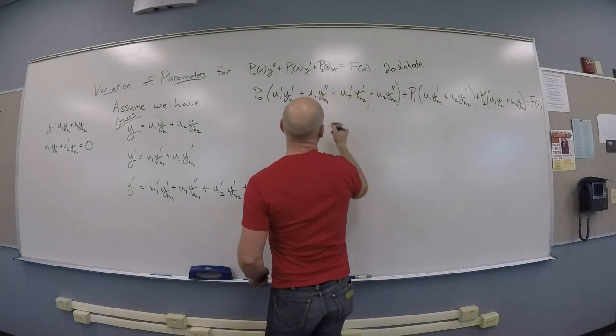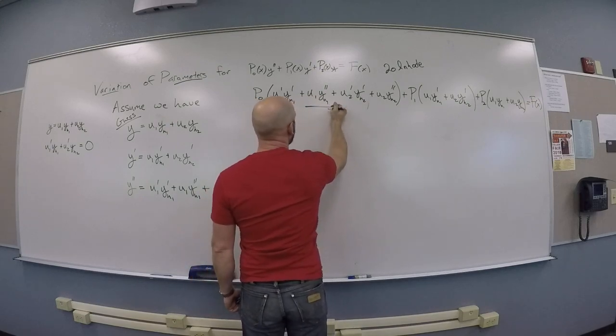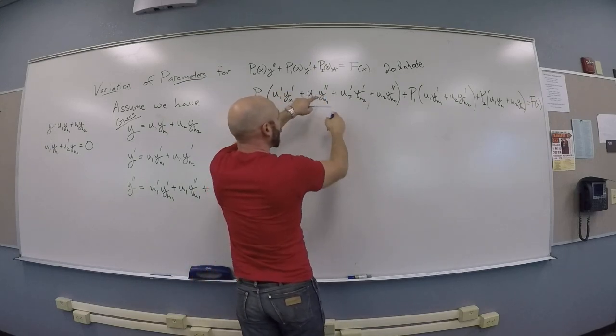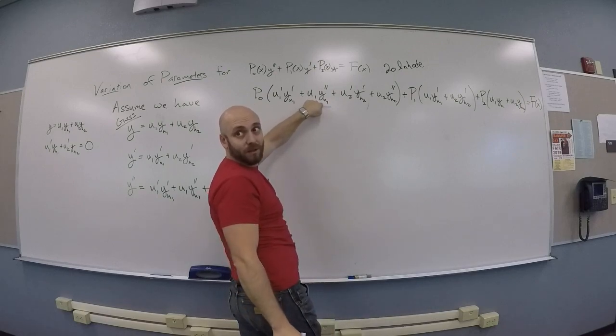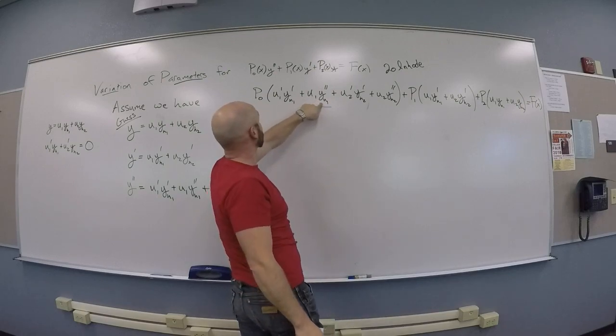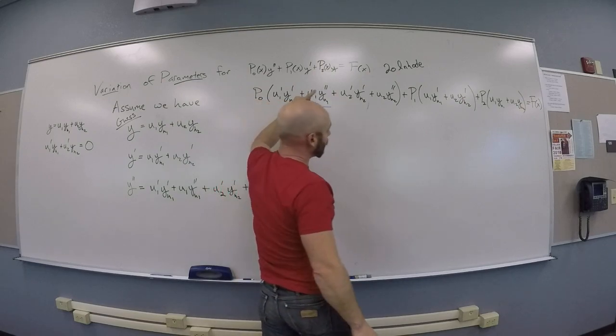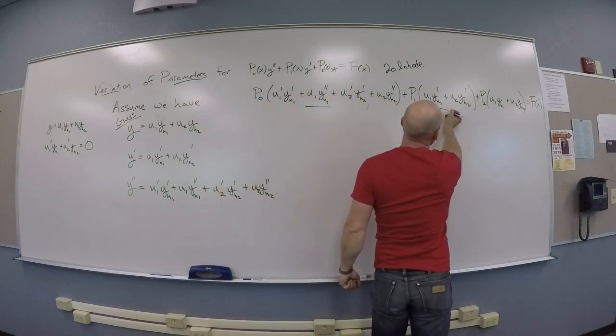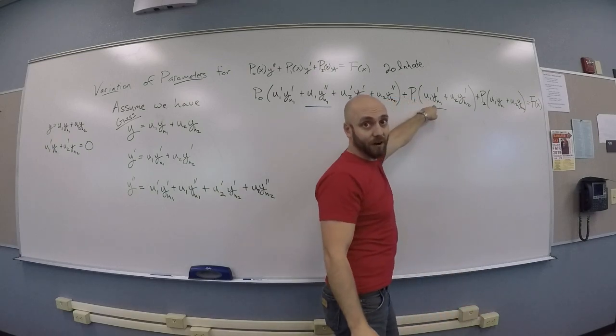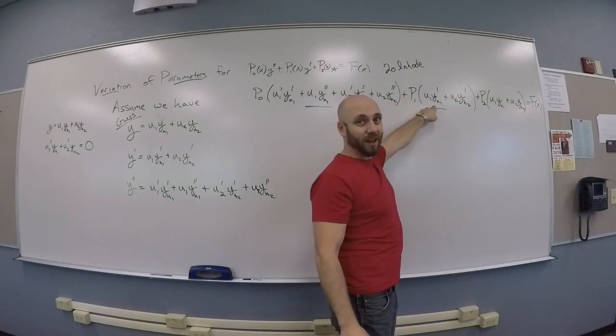So notice there's here a P0 U1 YH1 double prime. That looks like the first term with an extra U1. That doesn't matter because it's zero. Then here is what looks like the second term with a U1 on it.